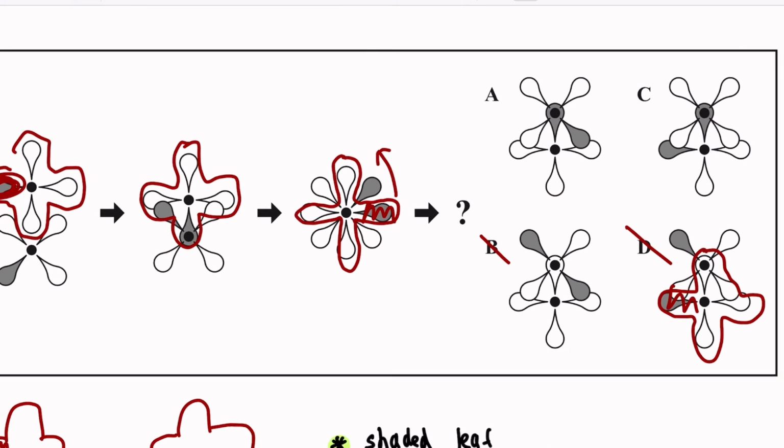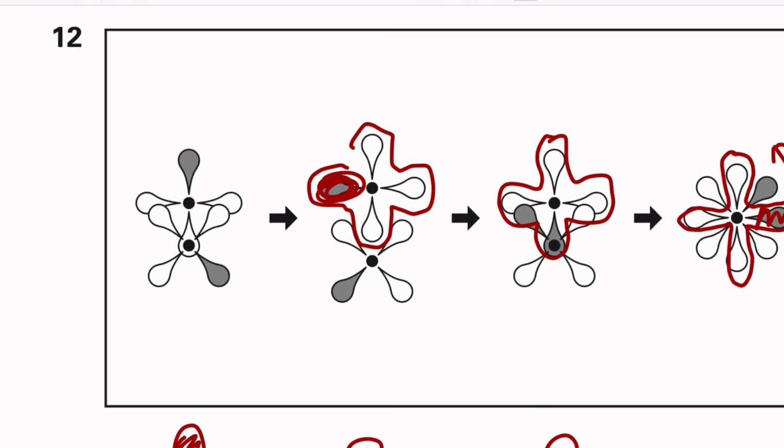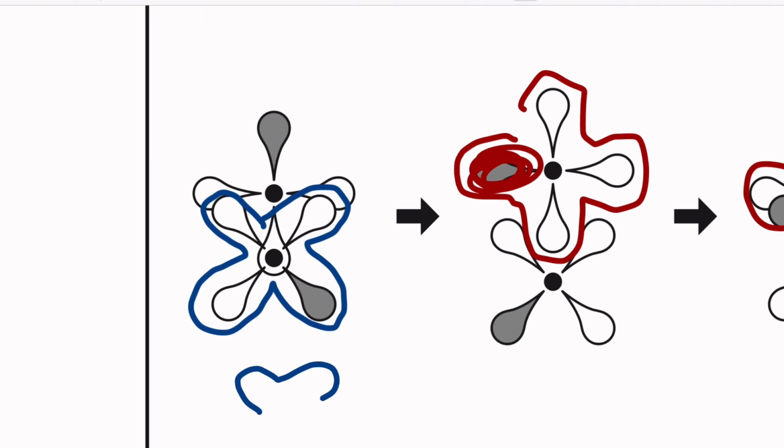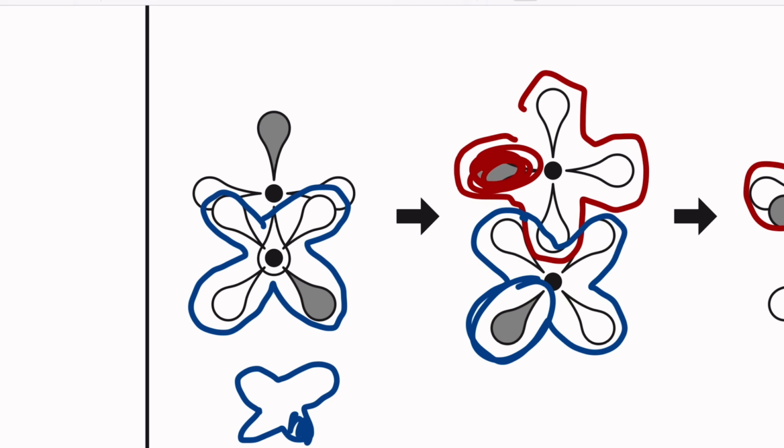Now let's look at the other clover leaf shape. If you look here, I'm going to do it in blue. This is the first one, and it looks like it's on the bottom right. Now let's see what happens over here. It comes to the bottom left.